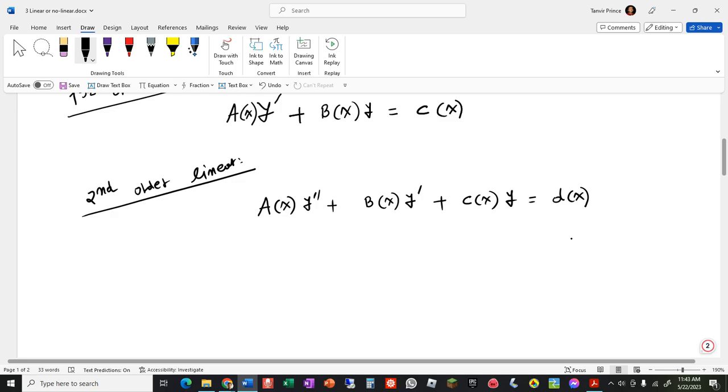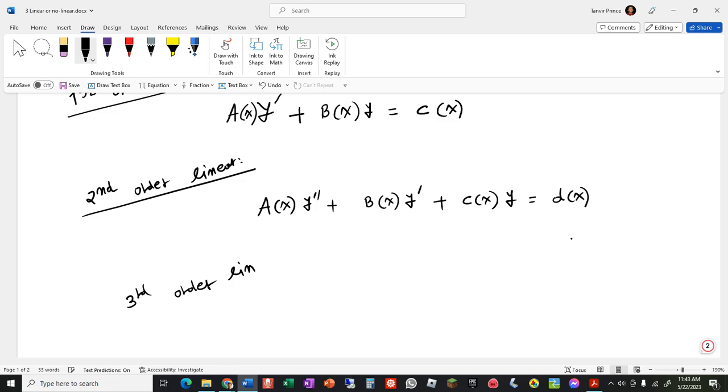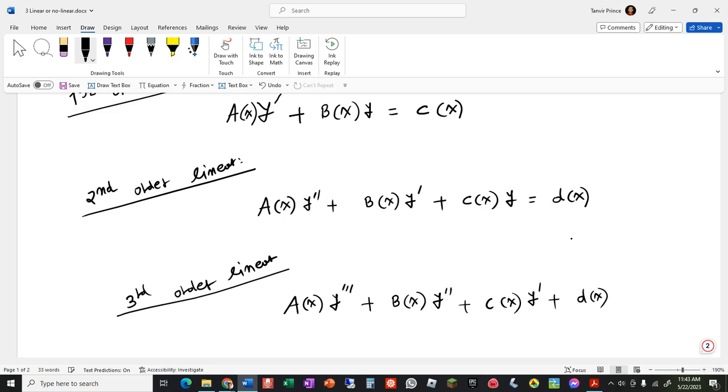Just to make sure, let's write down the third order linear differential equation. This is going to be some function of x times y triple prime plus some function of x times y double prime plus some function of x times y prime plus some function of x times y equal to some function of x.